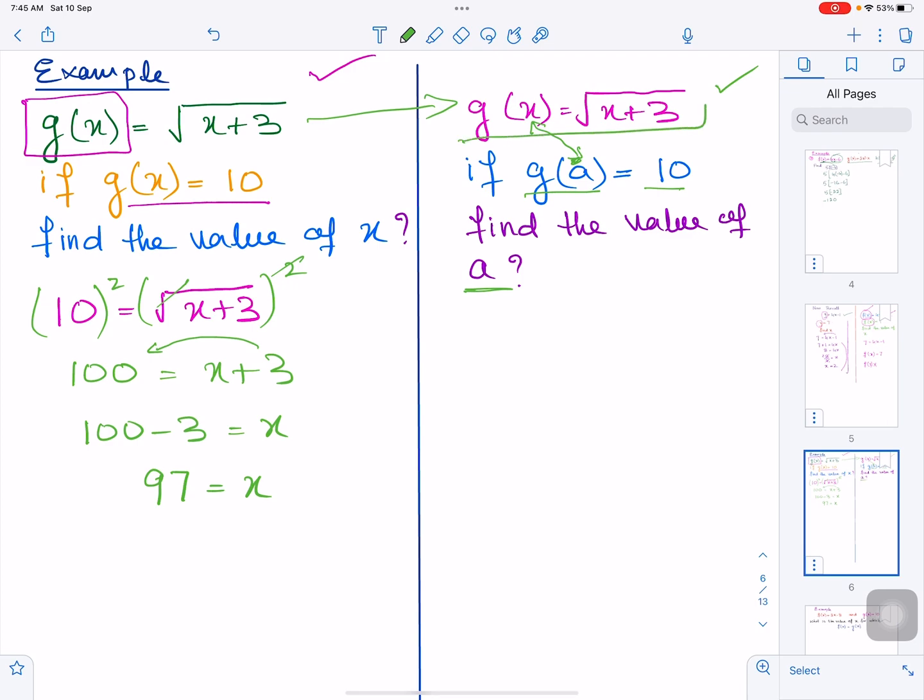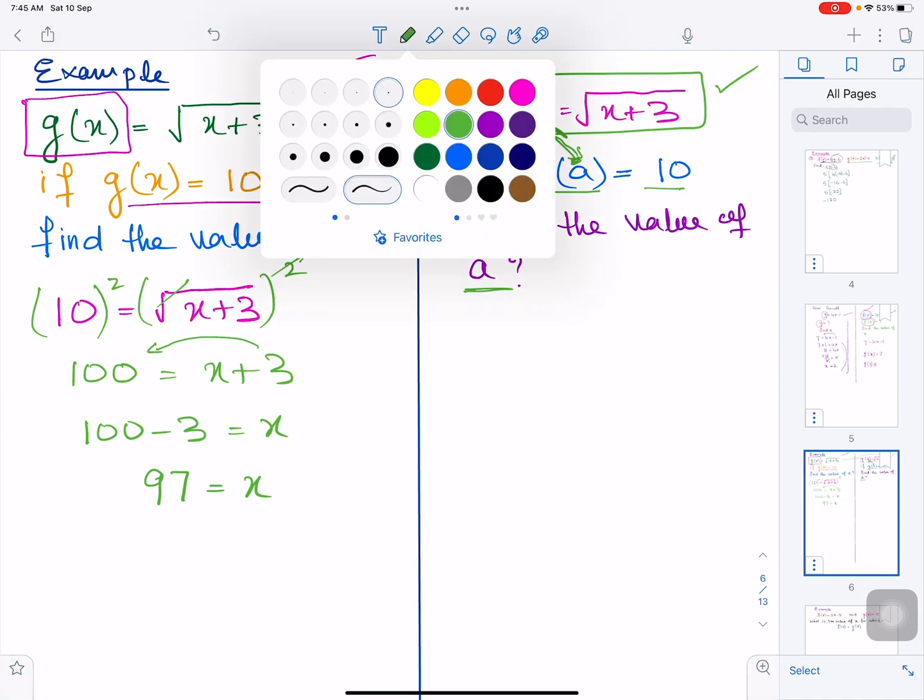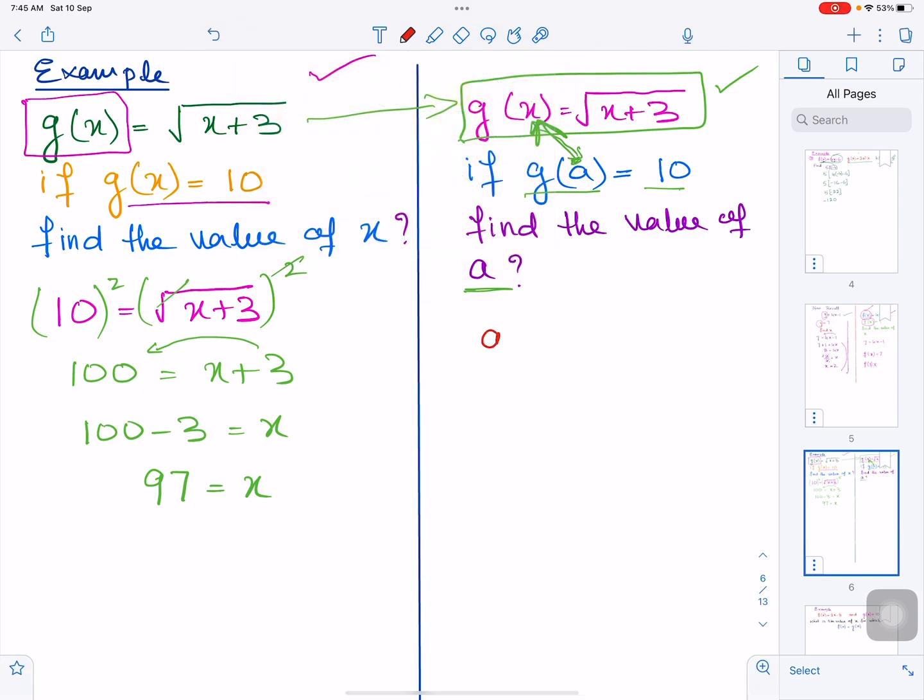In this function, wherever I have x, let me write a. Okay? One time, so that we don't get confused. So I will write g of a is equal to square root a plus 3. Right? When I had x here, I'm replacing it by a. This part is done. Now this thing is equal to 10.